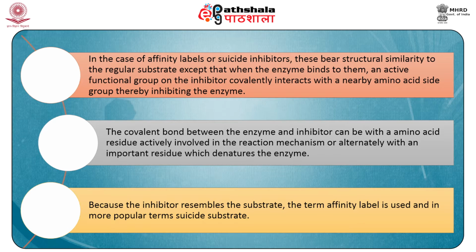The covalent bond between the enzyme and inhibitor can be with an amino acid residue actively involved in the reaction mechanism, or alternatively with an important residue which denatures the enzyme.